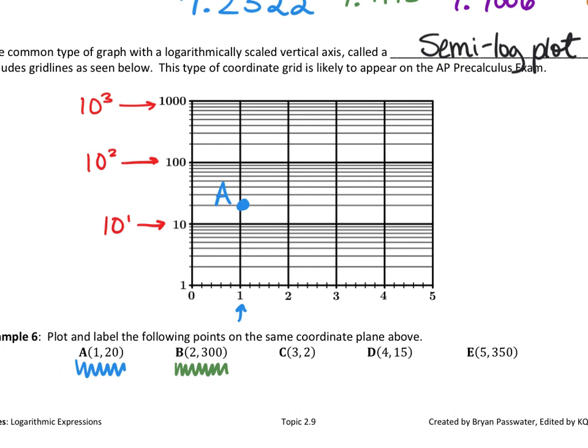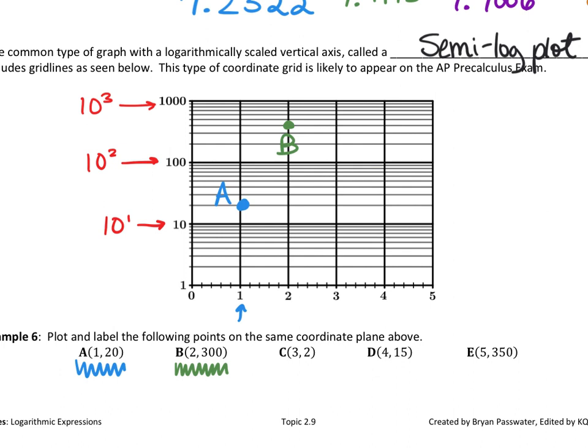By 3 lines, because it's 300. So I go 2, here's the 100 line, but I'm going to go up 3. 1, 2, 3. This is 2, 300. That's B. Let me see what you think on C, D, and E. Plot those points on this semi-log plot. Maybe in pencil, so if you do it wrong, we can erase.